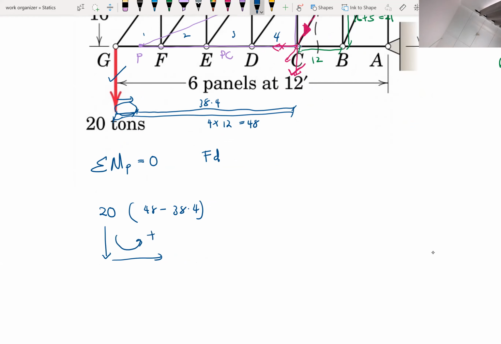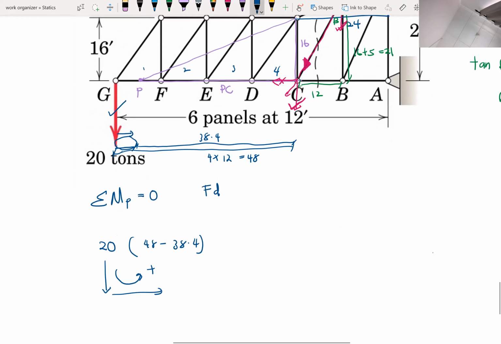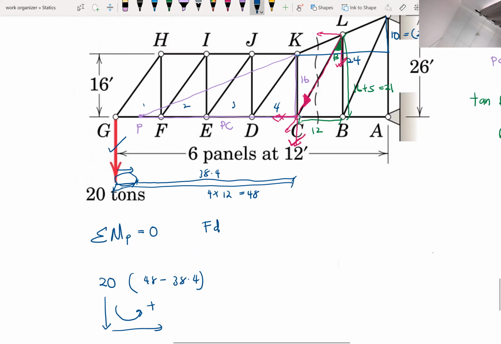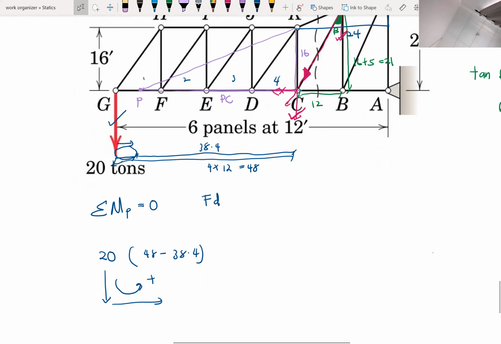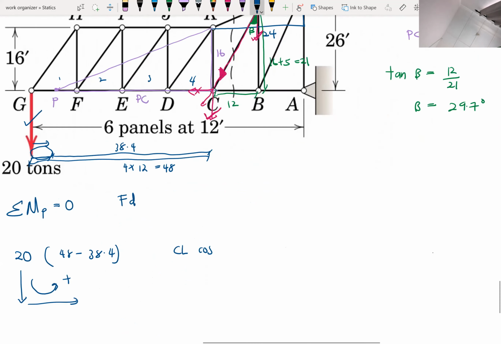And then for the CL, we have CL cos 29.7 degree downward, and then we just multiply with the distance of PC, which is 38.4.